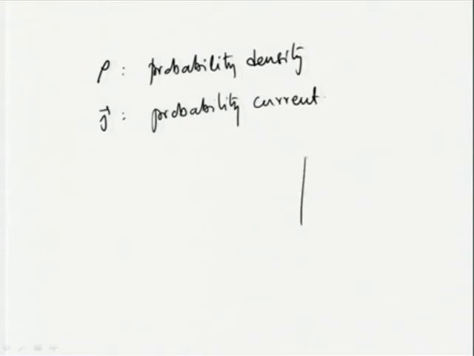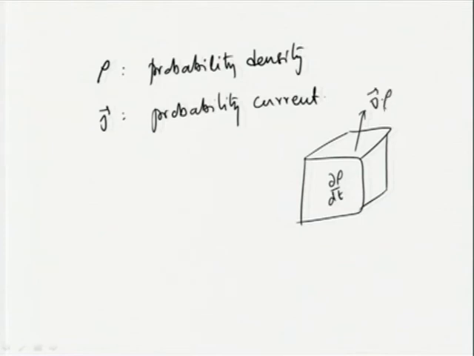The interpretation is this: if you consider a small volume, say a small cube, the rate of change of probability density inside the volume is the same as the divergence of the j, which essentially, because of the divergence theorem or Gauss's theorem, corresponds to the flux going out of the surface of the volume.